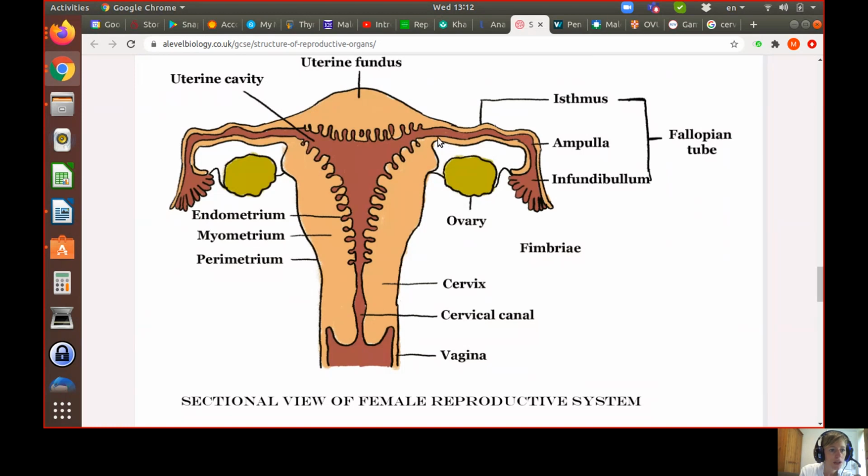The fallopian tube, also called the oviduct or uterine tube, so it has three names. It's a pair, as you can see there are two, of long narrow ducts located in the human female abdominal cavity, so down there in your belly, that transport male sperm cells to the egg.